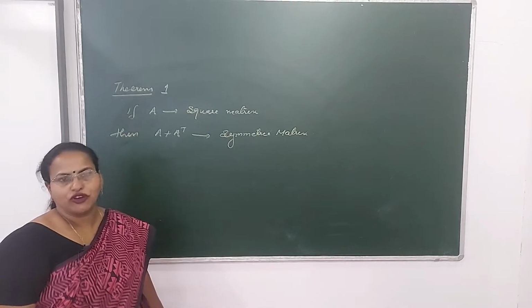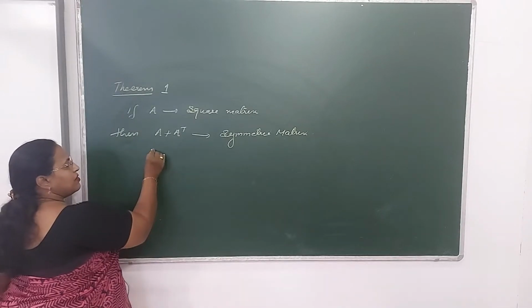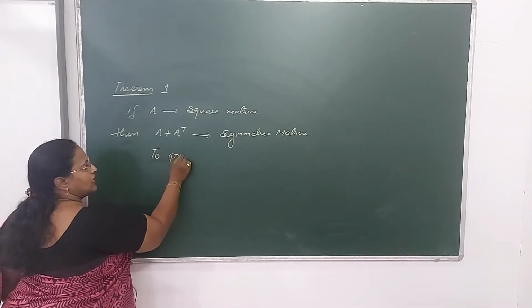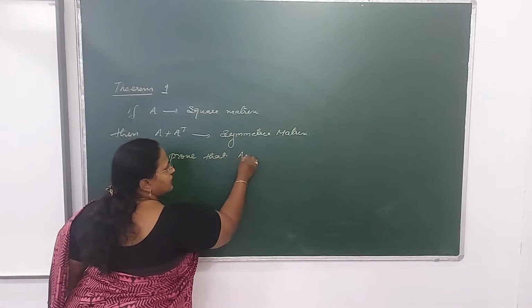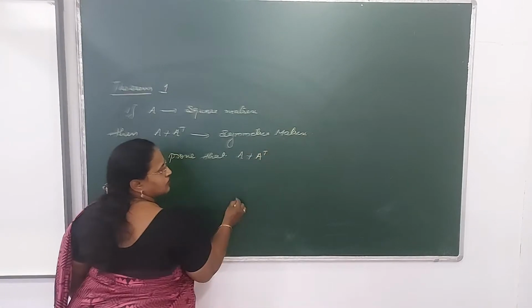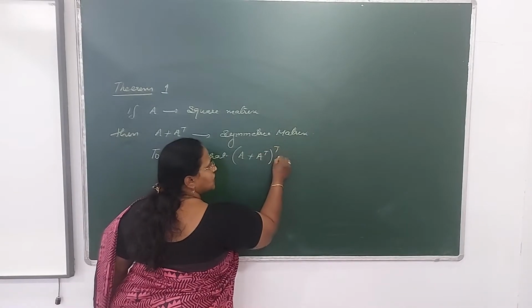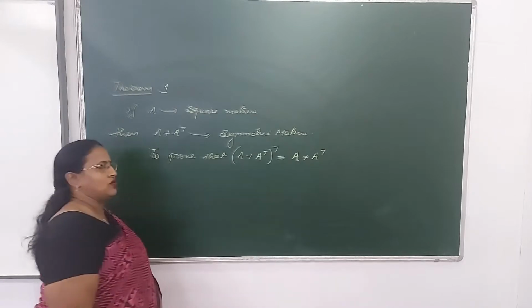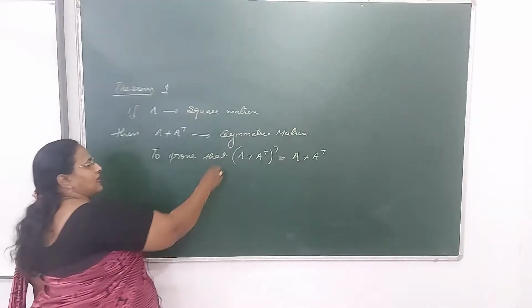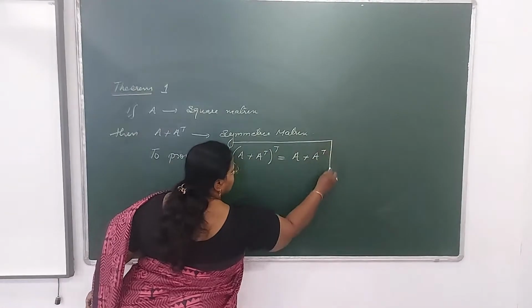Let us see the proof of this. Symmetric means, actually here we will be proving that A plus A transpose whole transpose is equal to A plus A transpose. Now let us check the proof of this.